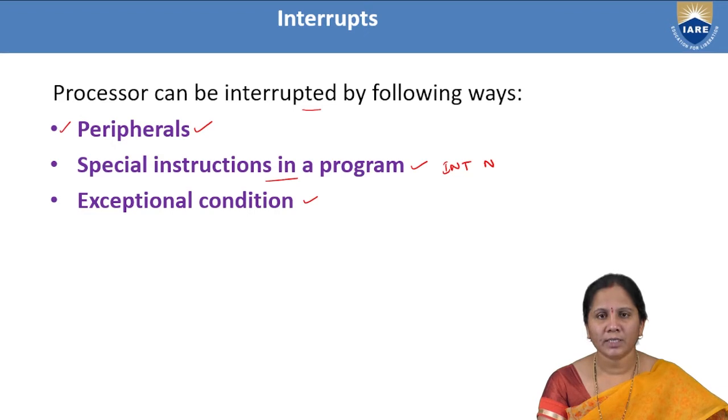If the value of the divisor is too small compared to the dividend, and the dividend value is very large, or the value of the divisor is 0, it is going to produce a result, that is quotient and remainder, whose value is not able to fit in the proper registers. So automatically an interrupt will be generated. Such interrupts are called exceptional condition interrupts, that means the interrupts generated due to exceptional conditions.